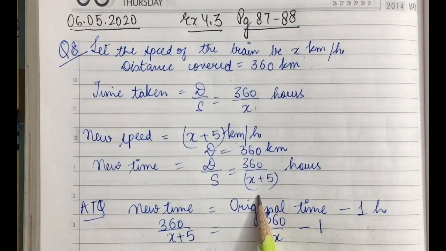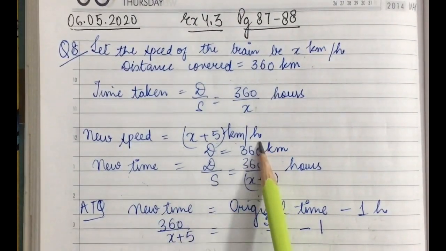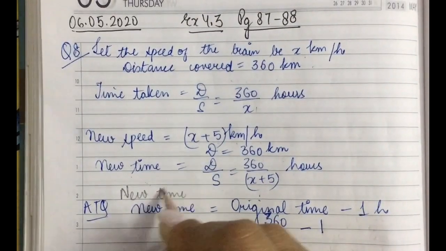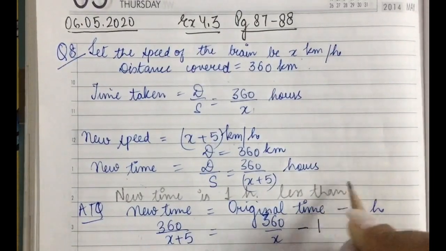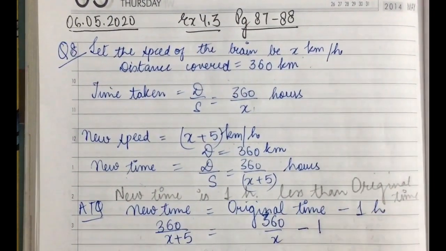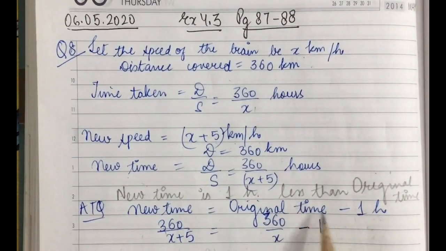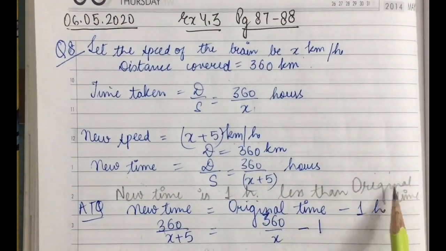The new time will be 360 over the new speed, which is x plus 5. In the question, they are saying that the new time is now less, because the speed was increased. If you want, you can write this, that the new time is 1 hour less than the original time. So this actually will help you to form the equation. New time equals 1 hour less, meaning minus 1, subtracted from the original time.